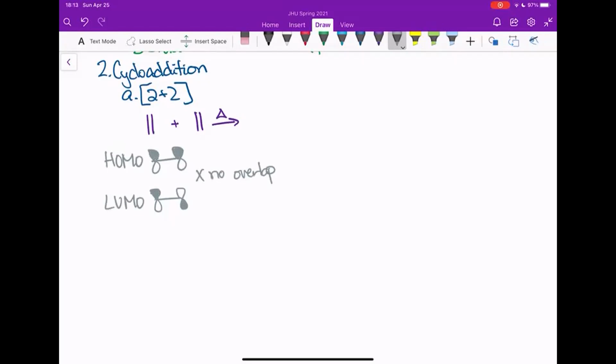So these two are both up, which works, but then this other one is up down, so they won't overlap properly. If you're doing a 2+2 reaction under heat, you will not have a reaction.